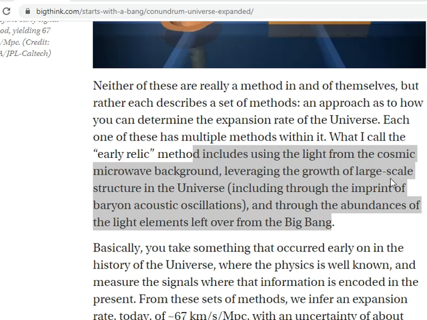Are you seeing some kind of evidence of absorption lines in the CMBR? Are you seeing hydrogen and helium absorption lines or something? I just don't know what they're using there to see their early relics.